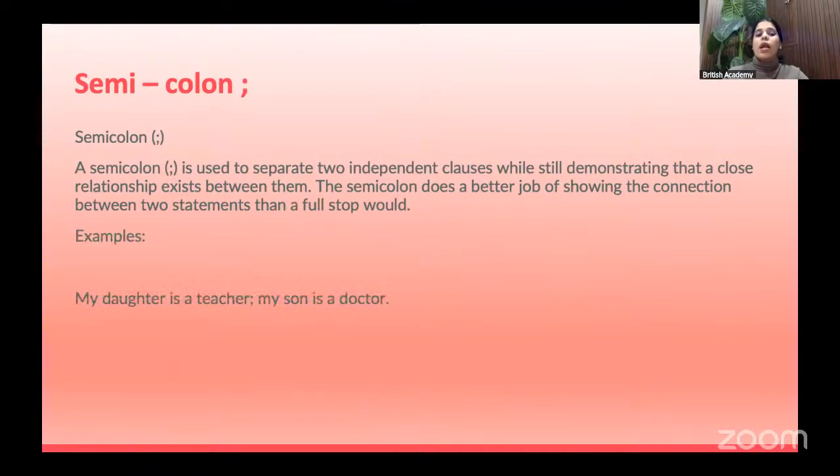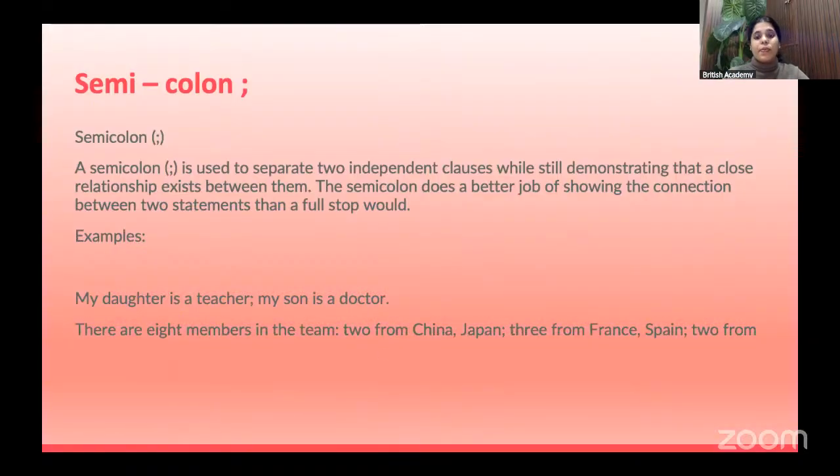So if you look, "My daughter is a teacher; my son is a doctor." Again, you're showing the relationship. Someone is talking about both the kids, so you are able to show a relationship better here. See, "There are 8 members in the team: 2 are from China and Japan; 3 from France and Spain; 2 from Brazil; and 1 from India."